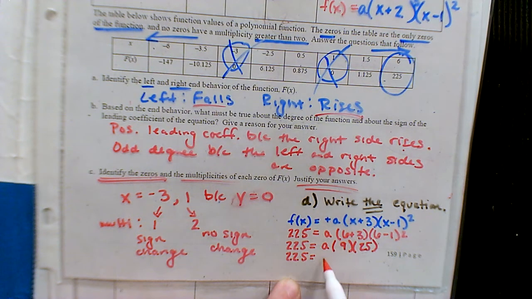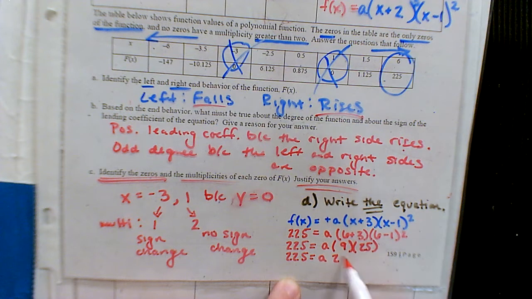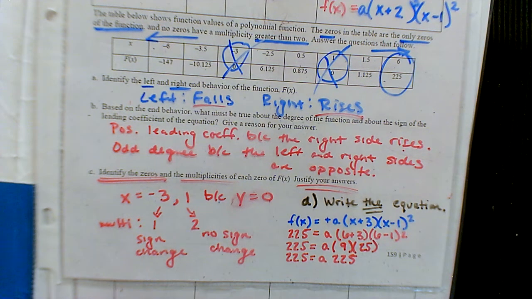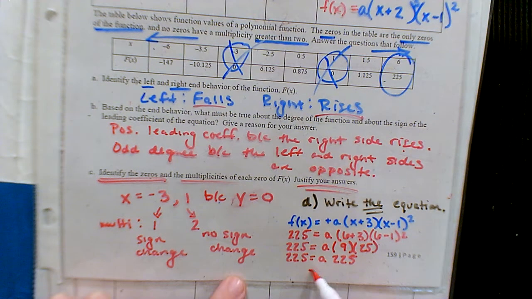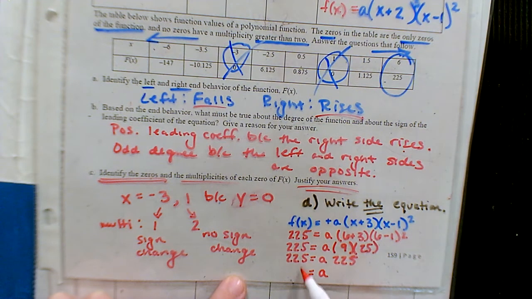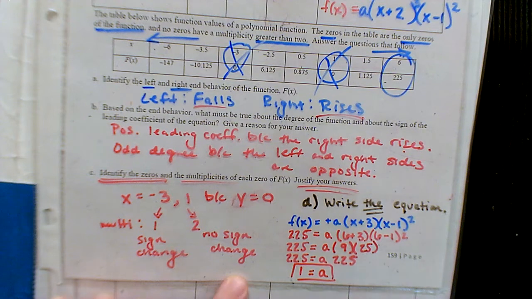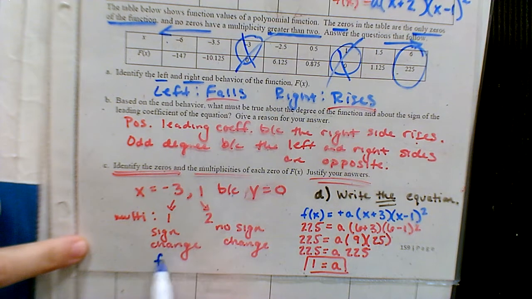Can someone help me out? Is it 225 exactly? All right, so to figure out what a is, divide the 225 over. What's our a value? A is 1. Okay, so in the end, instead of having plus a out front of this generic equation, I'm running out of room here, I'm going to write it over here.